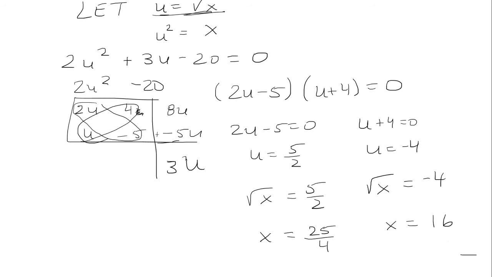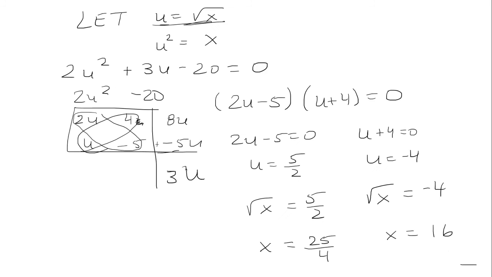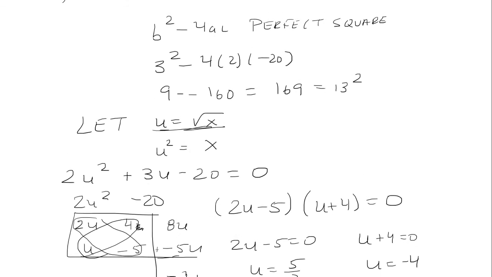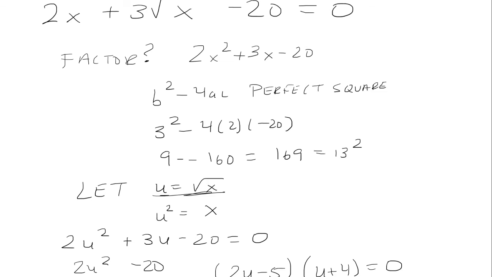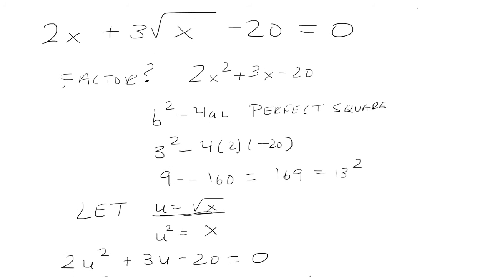But you have to be careful because you let u be a square root. Whenever you have that, you always want to check your answer. So I'm going to go back to the original problem. And let's see if I plug in, one of the answers was x equals 16.